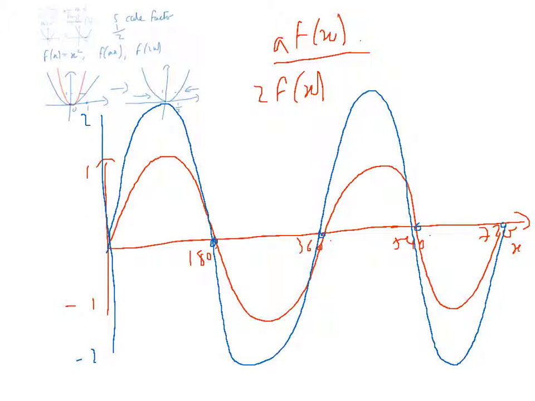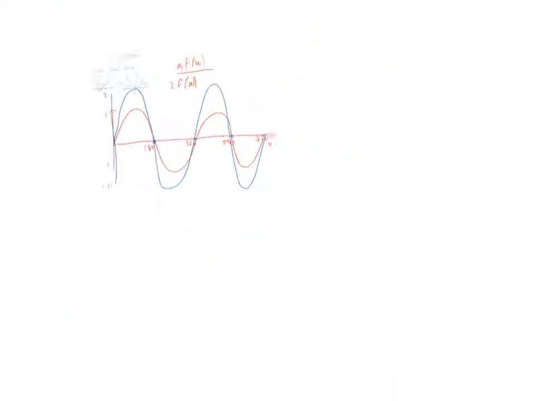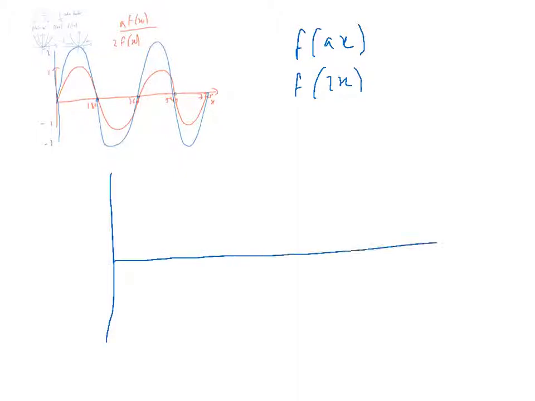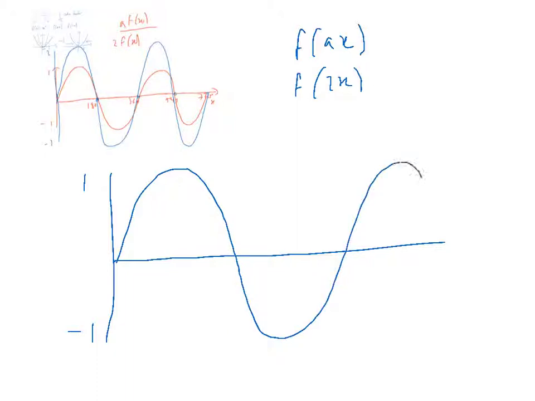Now let's compare that to what happens with f of ax, so where a is 2, f of 2x. Let's draw the sine graph again, 1 to minus 1, like so, 180 degrees, 360 degrees, 540 degrees, and 720 degrees.